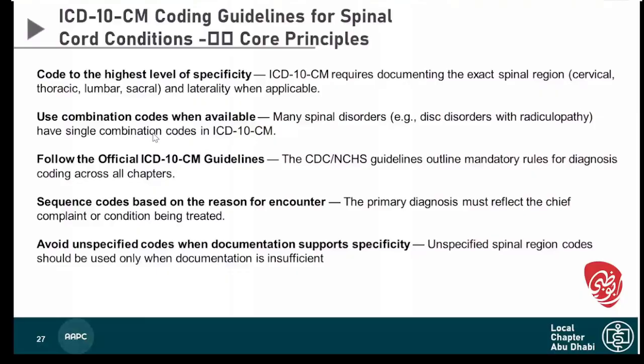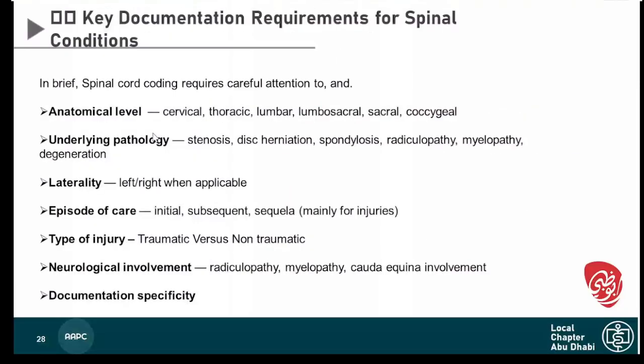Then key documentation requirements for spinal conditions. We have already discussed in brief. Spinal coding requires careful attention to anatomical level, that means which level is affected. Then underlying pathology.